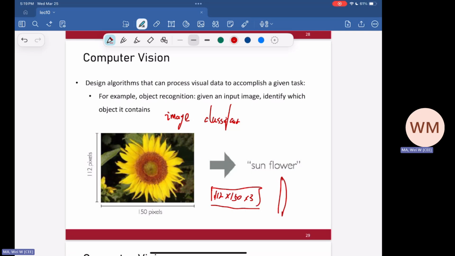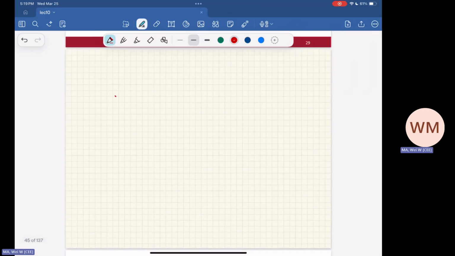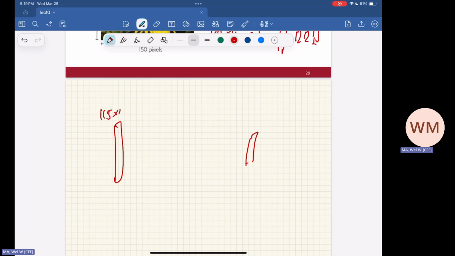Then you put some layers here, and since it's 1,000 classes, the last layer will be 1,000. So basically, the input dimension and output dimension are fixed. The input dimension is 115 times 150 times 3, and the final dimension is 1,000.